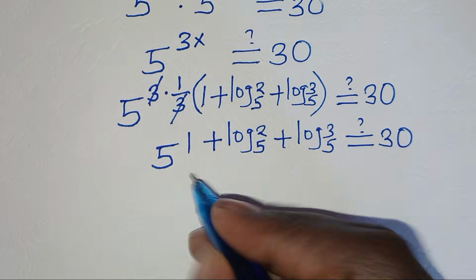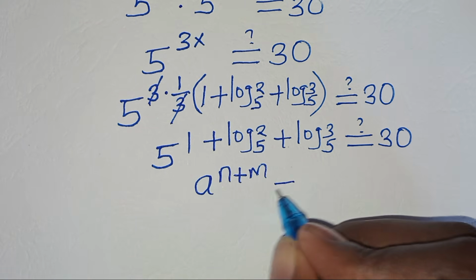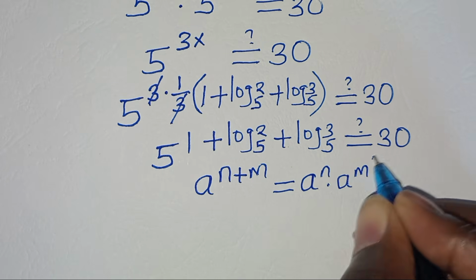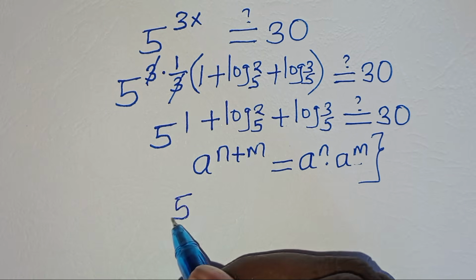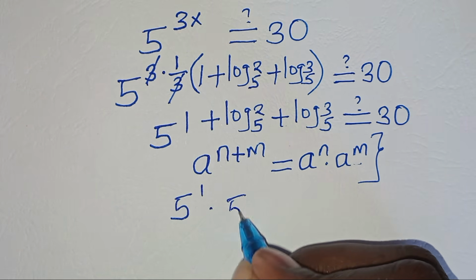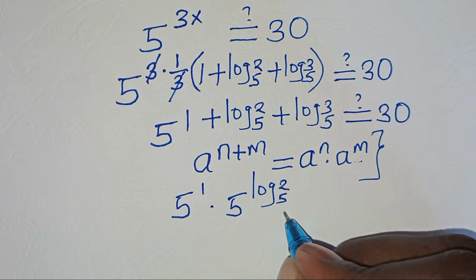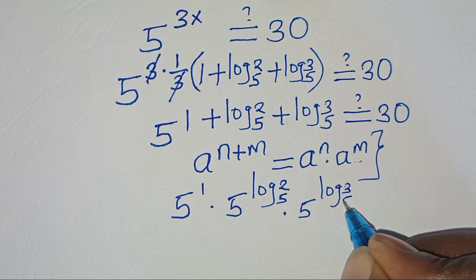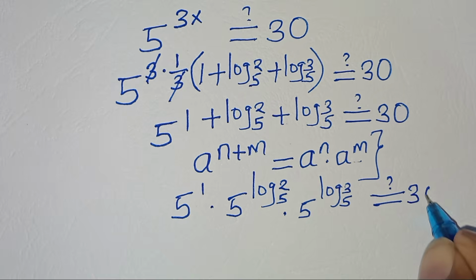Now, this is in the form of a raised to the power of n plus m, which we can express as a to the power of n times a to the power of m. Let's apply this property, so that here we have 5 to the power of 1 times 5 raised to the power of log 2 to base 5 multiplied by 5 raised to the power of log 3 to base 5. This is supposed to give us a value of 30.